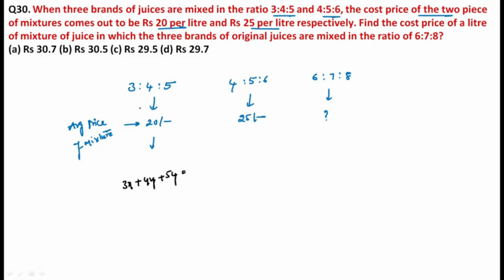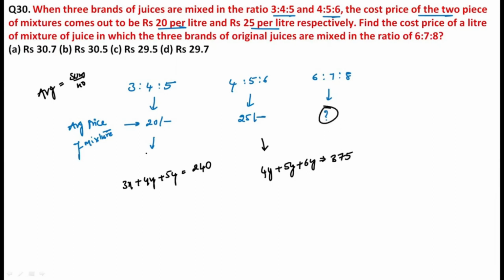The overall value is 3 plus 4 plus 5, which is 12, because average is equal to sum divided by number. 12 twos are 24, so the value becomes 240. In the same way, I consider 4x plus 5y plus 6z. The sum of all these numbers is 15, and 15 into 25 gives 375.